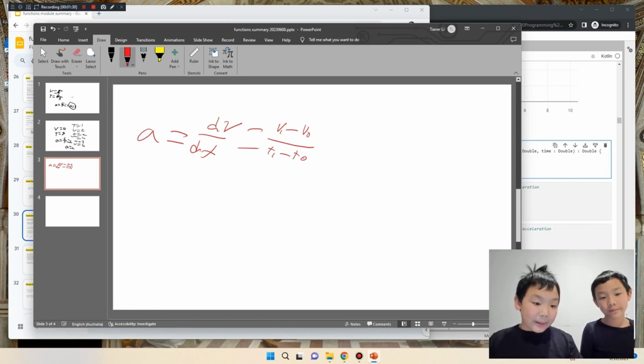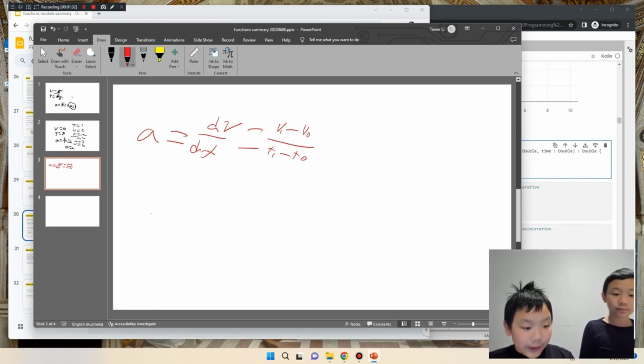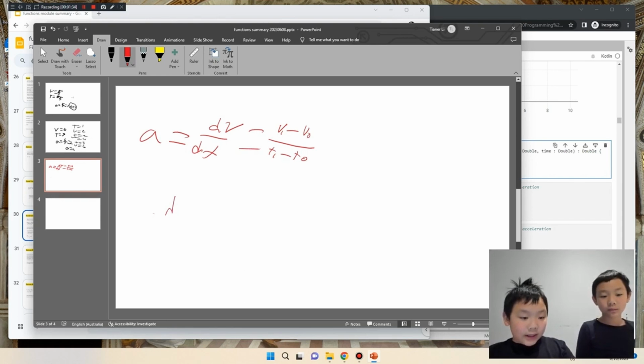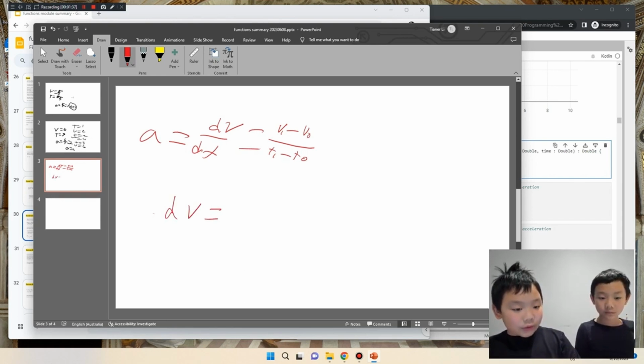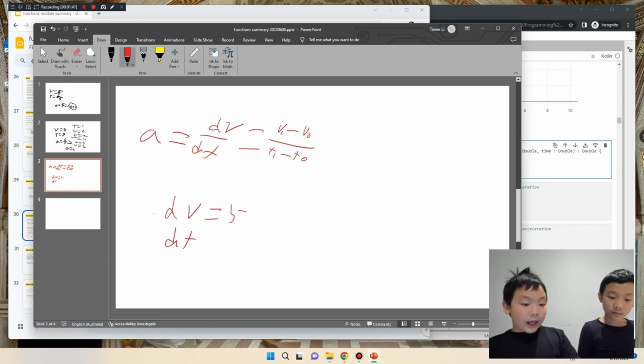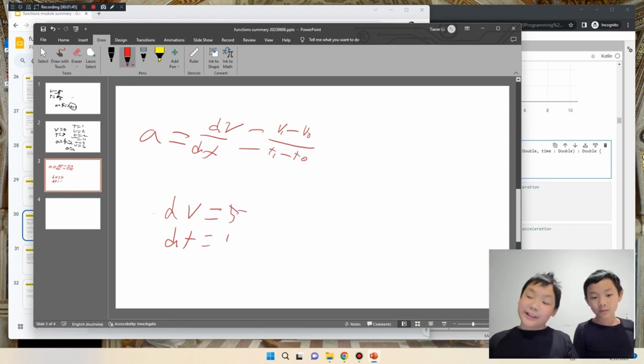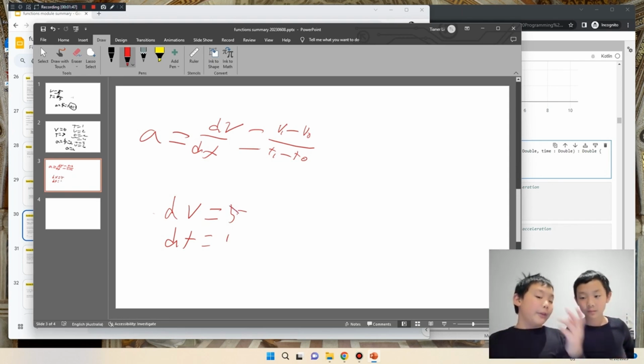So let's plug in some random numbers and see if it works. Let's say delta V is equal to 5, and let's say the change in time is equal to 1. Right now we're going to start off with an easy example and it's going to get harder for the second example.